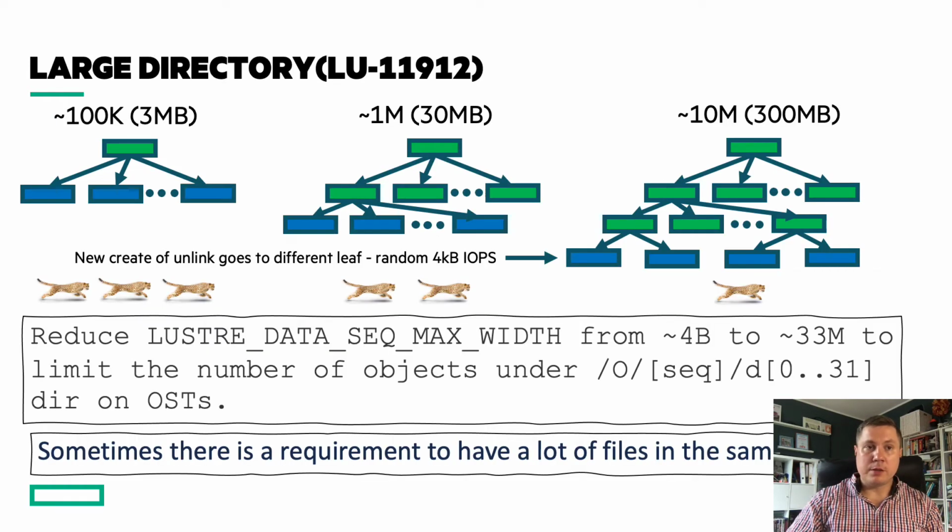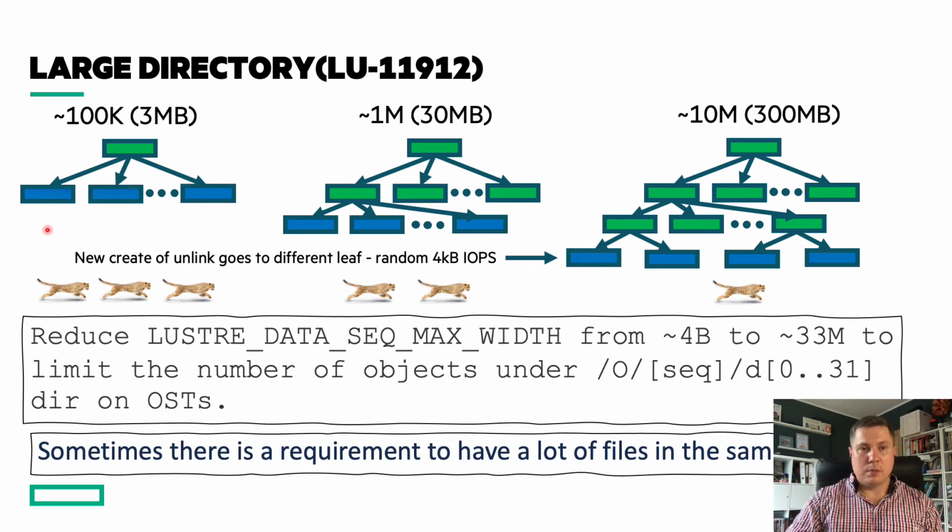The next problem is connected with directories. As you know, we have the large directory option now that allows users to create as many files as they want. But as practice shows, the bigger the directory is, the slower it acts, unfortunately. The problem is because the more files you write to the directory, the more levels of tree are used.